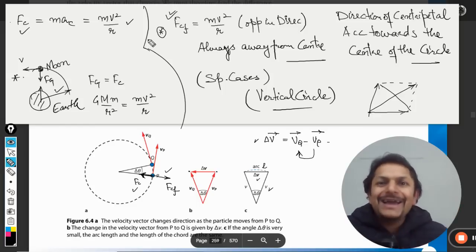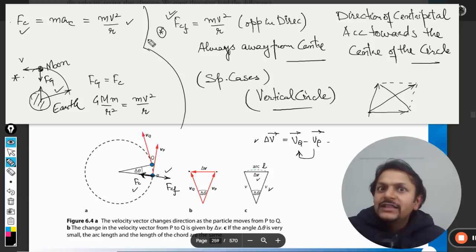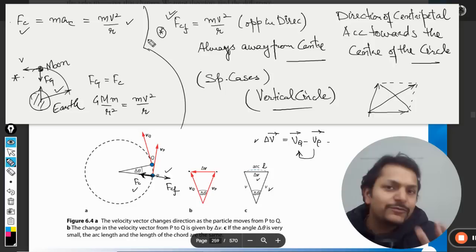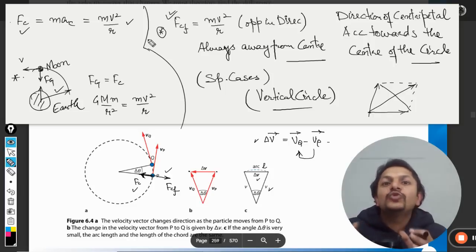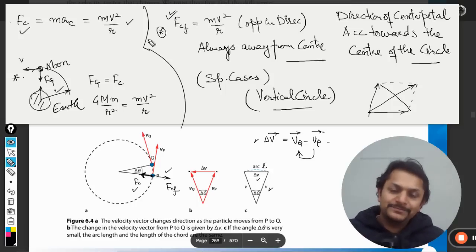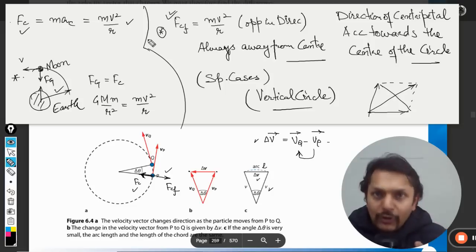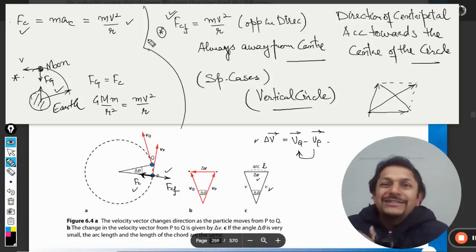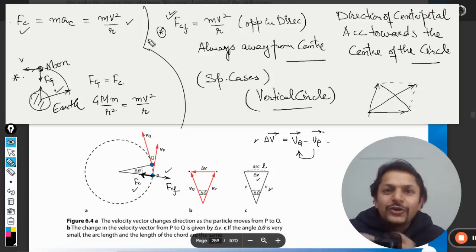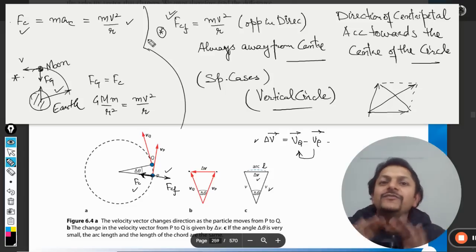So, my humble advice to you is that as a student of physics, do not overlook the concept of centrifugal. But yes, as a student of IB, don't write it anywhere in your examination. Okay, don't talk about it. Centrifugal is only for your rough work. Wherever you want to write centrifugal, you just write centripetal and everything will fall in place.